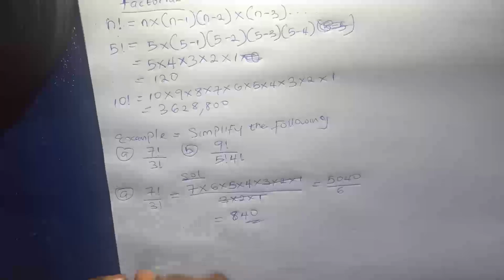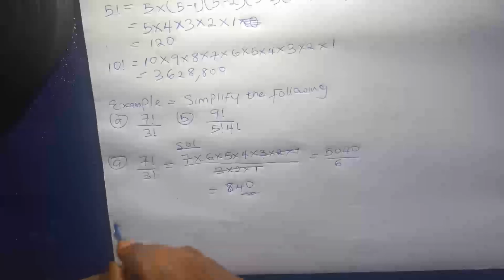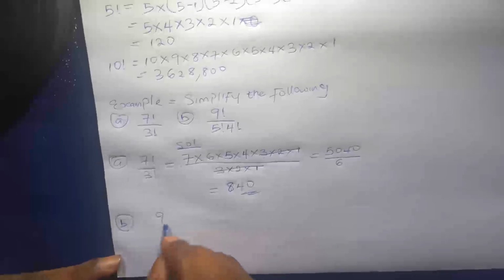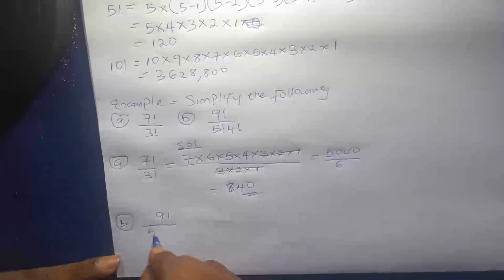Now let's go for the B. The B, which is what now? 9 factorial over 5 factorial multiplied by 4 factorial.